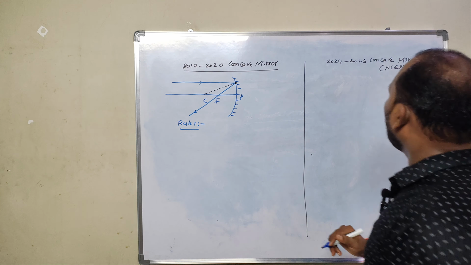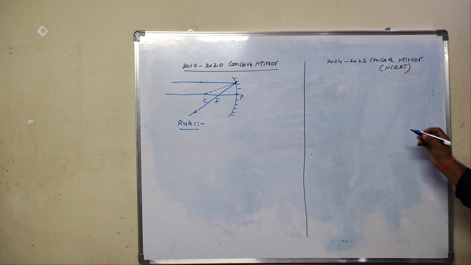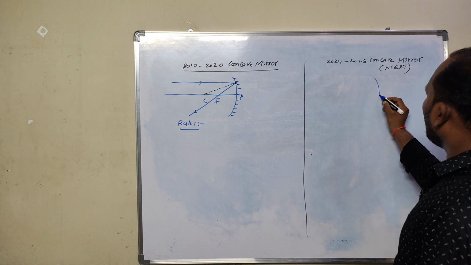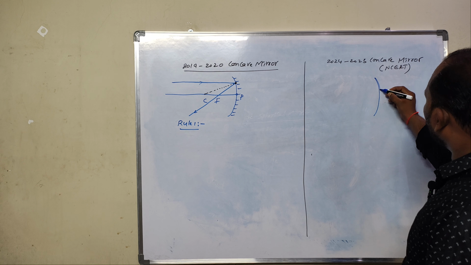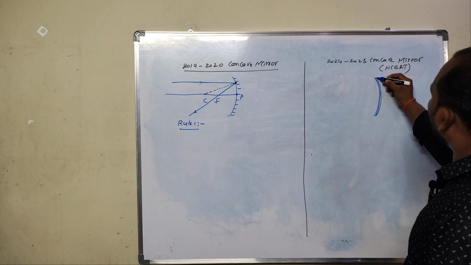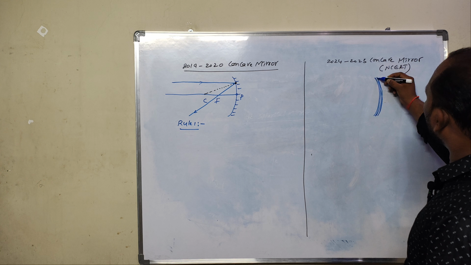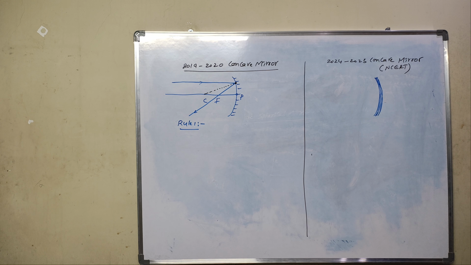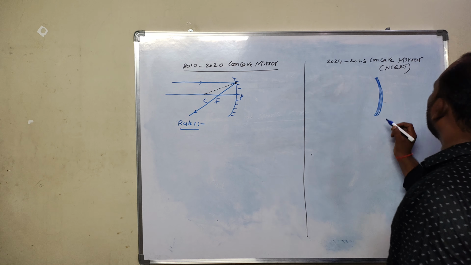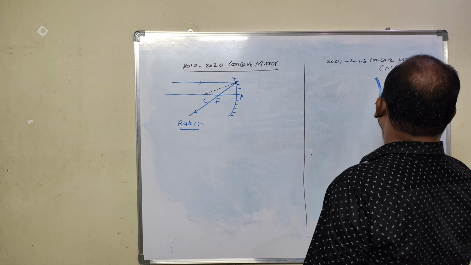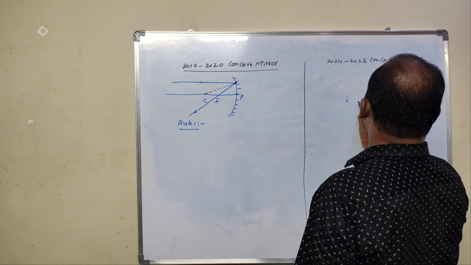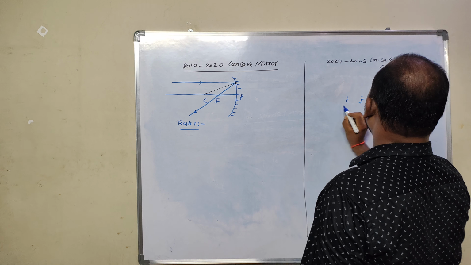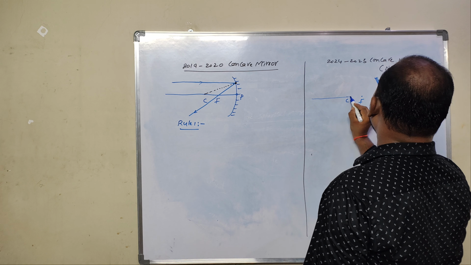Now let's see the 2024-2025 diagram of rule one. We have to change the diagram according to the new rule. So we draw P here, C here, and in between we have F. I draw a principal axis.